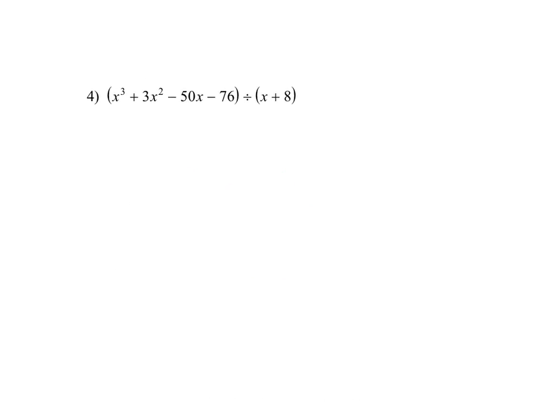So let's go again. It's in standard form, and I have every term. So negative 8, then 1, 3, negative 50, negative 76. So right here, bring down the 1. 1 times negative 8 is negative 8. 3 plus negative 8 is negative 5. Negative 5 times negative 8 is positive 40.